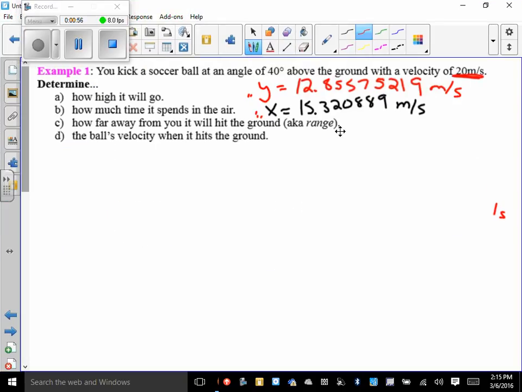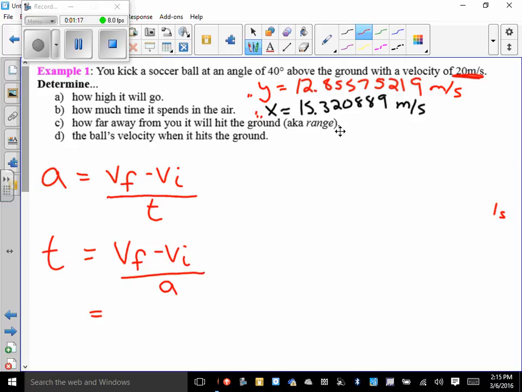Okay, so let's look at this. I have my acceleration is equal to v final minus v initial over the time. Solving for time, I multiply both sides by t and then divide by a.